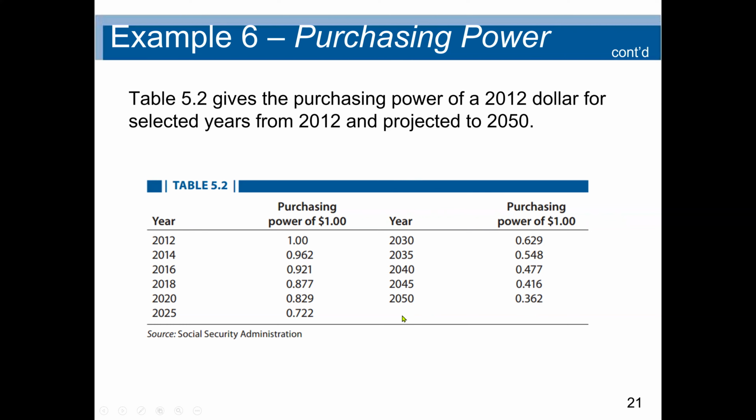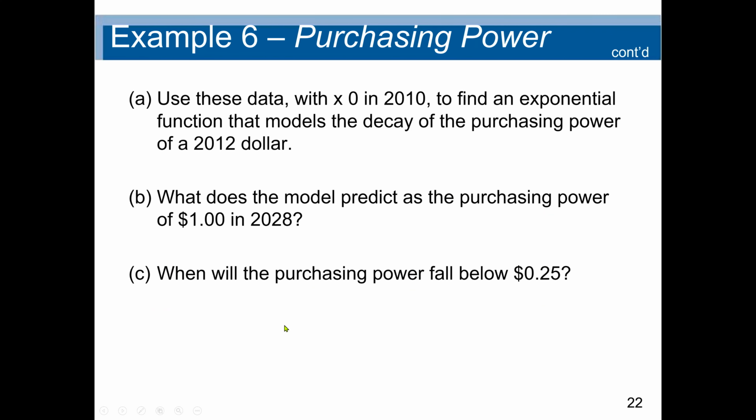So we have a decrease. Now, is it decreasing exponentially? Most likely, but again we have to come up with the model. And this data, again, came from the Social Security Administration. And this is a projected purchasing power. Now, they say we should use this data.